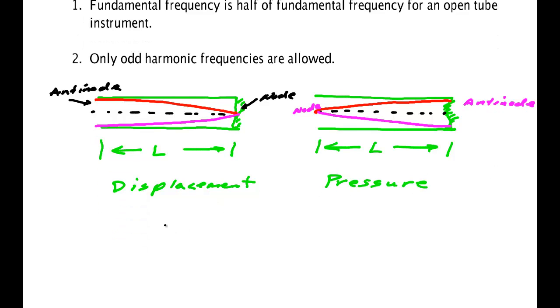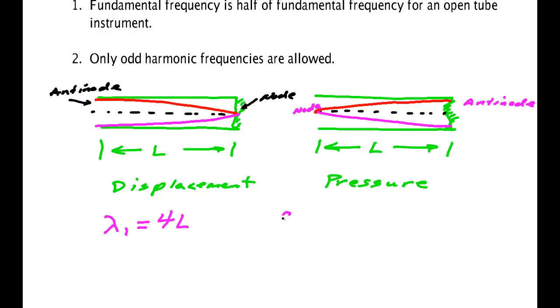Now in both cases, if you look at that, this length does not come back down. This is not half a wave, this is a fourth of the wave. So the wavelength here, wave 1, is only a fourth of the length. So since it's a fourth of the wavelength, it will take 4L in order to get this.